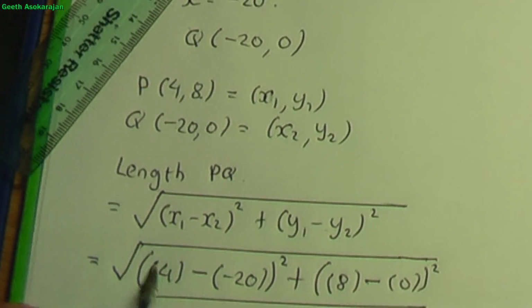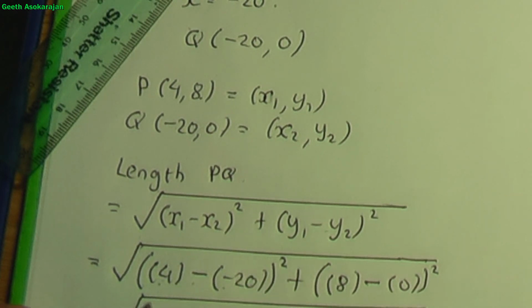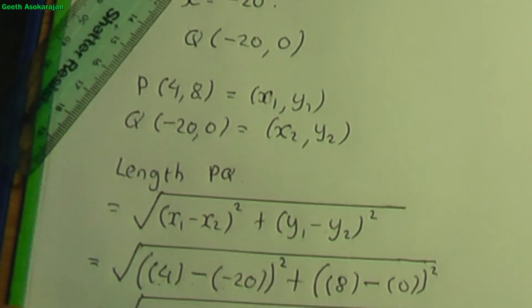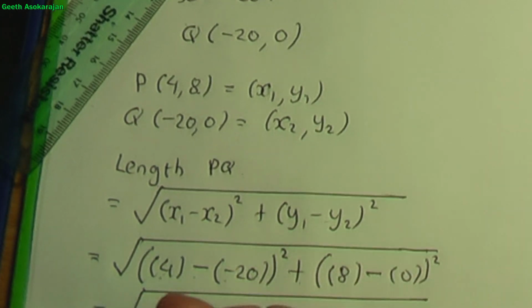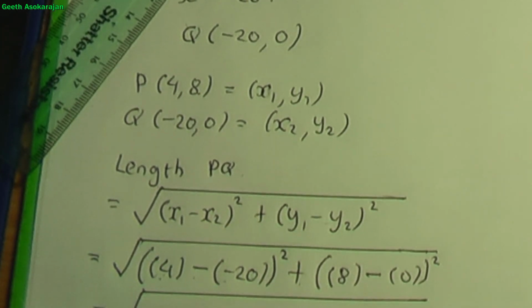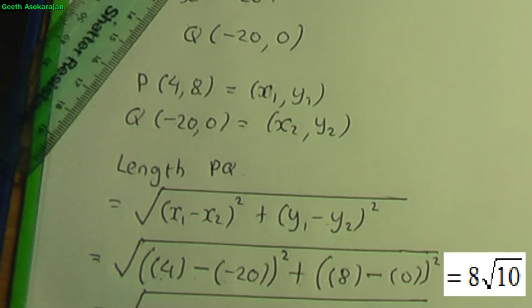In this case we have 4 minus minus 20 squared. 4 plus 20 is 24. 24 squared is 576, plus 8 minus 0 is 8, squared is 64. And 576 plus 64, and if you simplify that root, you should have 8 root 10. So you're going to have 8 root 10 as a simplified surd. So that should be the solution to part D.